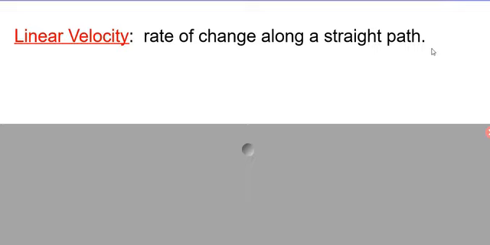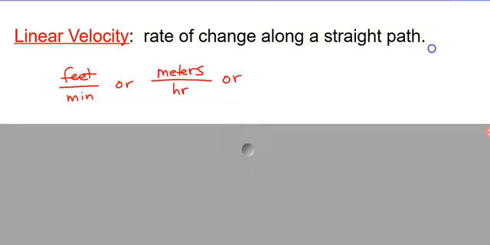In this situation, we're going to be thinking about things like maybe feet per minute, or maybe meters per hour, or a third example, maybe miles per hour. That's one that we use quite a bit in this country. Each of those are rates.